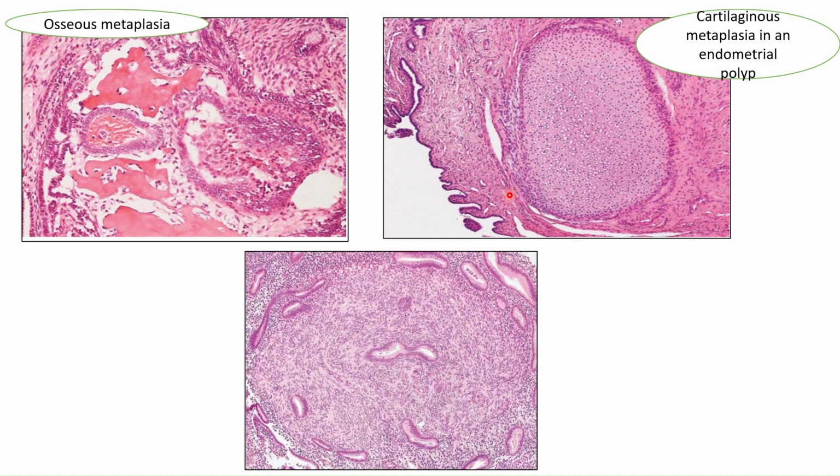Here this section shows spindle looking cells surrounding endometrial glands, and these spindle cells are arranged surrounding a pink eosinophilic material. So this is called pseudo-rosette-like proliferation, and this is again one type of metaplasia.